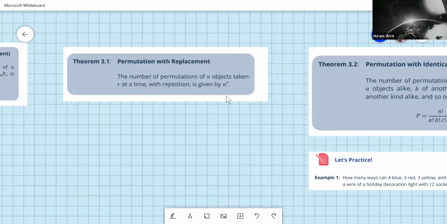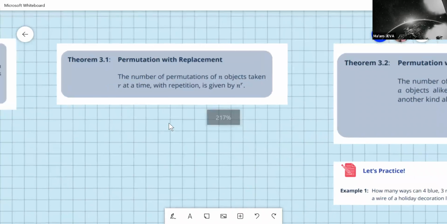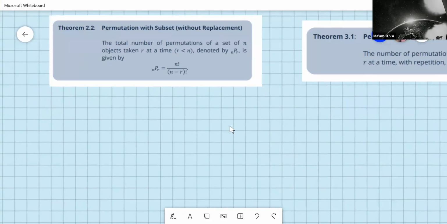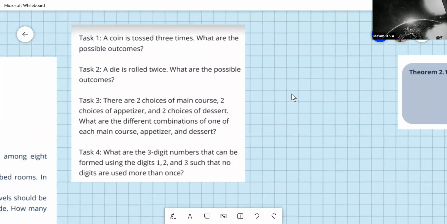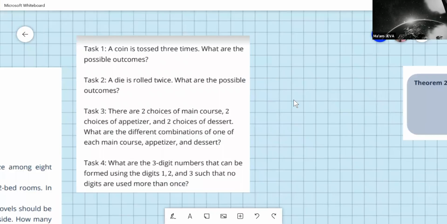Okay? So what do you mean by repetition? Unsay example ani nga ato ang na experience already or na solve already. So remember the formula, your n is raised to your R. Okay? What is an example of this? Okay, example of this is, let's go back to the first discussion on the permutation.